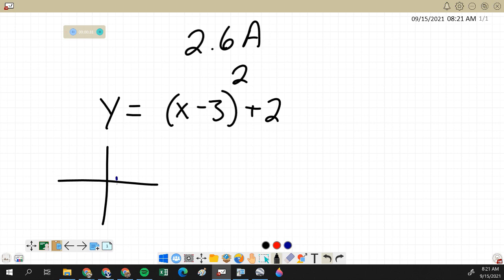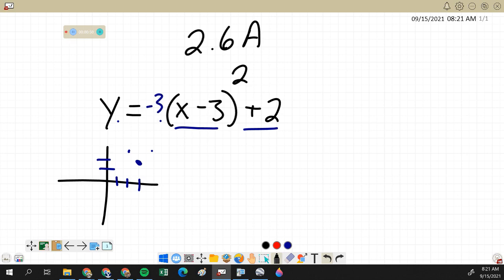It's right 3 from there because the x's are backwards, and then up 2. And then this is a normal parabola, which goes over 1, up 1, over 1, up 1, and then over 2, up 4, over 2, up 4.